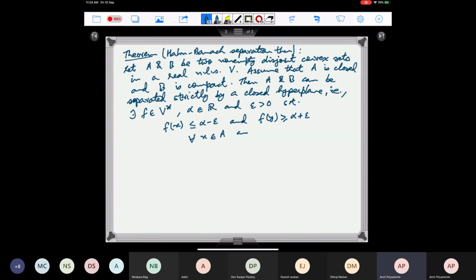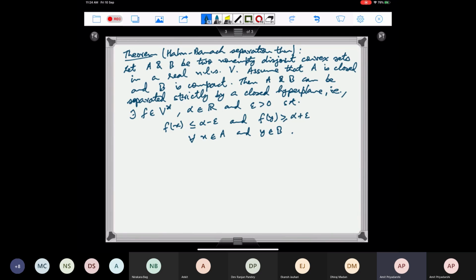So here we are saying that there is some epsilon such that fx is less than or equal to alpha minus epsilon and fy is bigger than or equal to alpha plus epsilon. In the previous theorem, we only said that there is some alpha such that fx is less than or equal to alpha and fy is bigger than or equal to alpha.